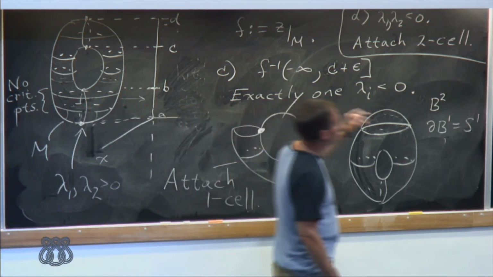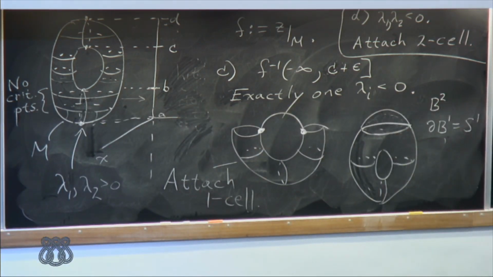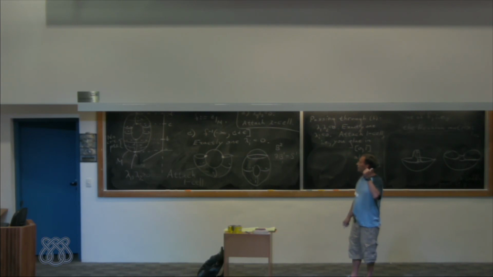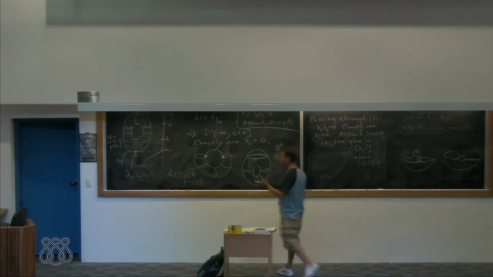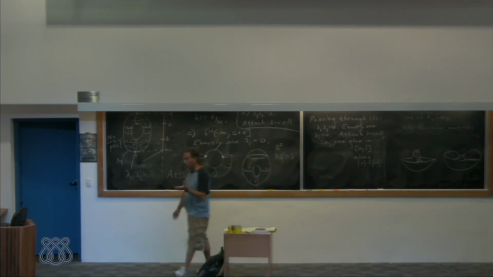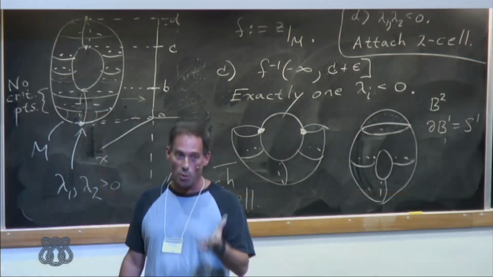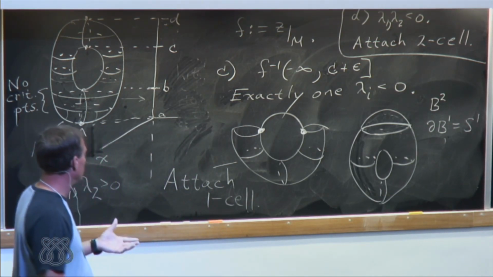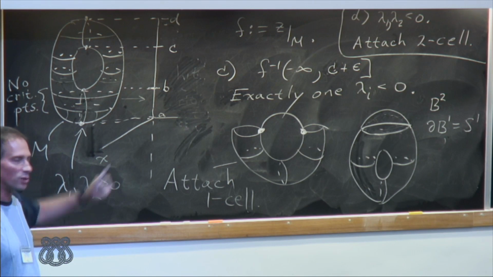At B and C, we had 1 negative eigenvalue, we attached a 1 cell. At D, we had two negative eigenvalues, and we attached a 2 cell. This is how Morse theory goes. The number of negative eigenvalues with multiplicity tells you the homotopy type of the cell you attach. Are there questions on this?